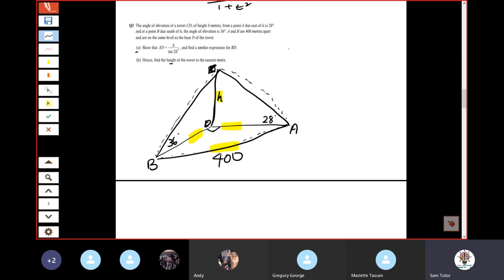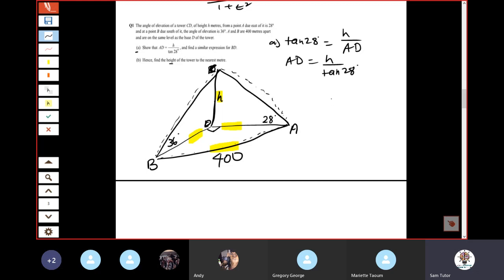Opposite over adjacent. So I know that tan 28 is equal to opposite over adjacent, which means AD equals H on tan 28.